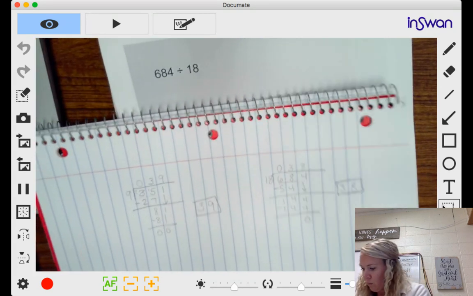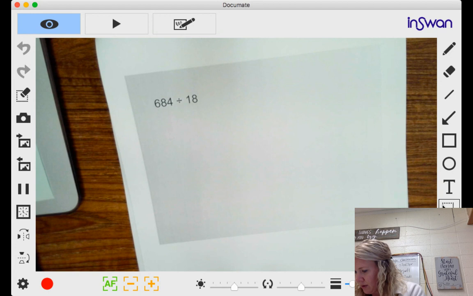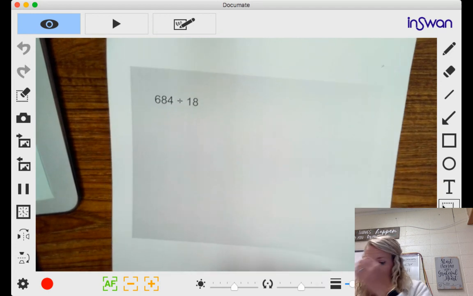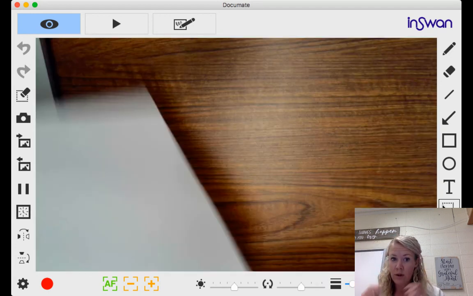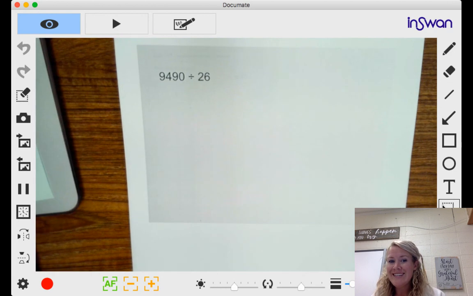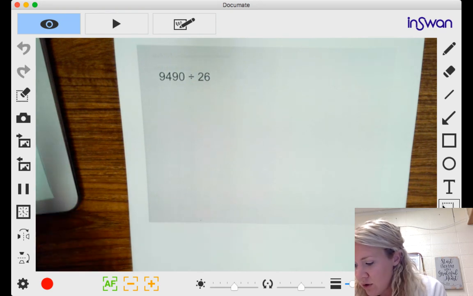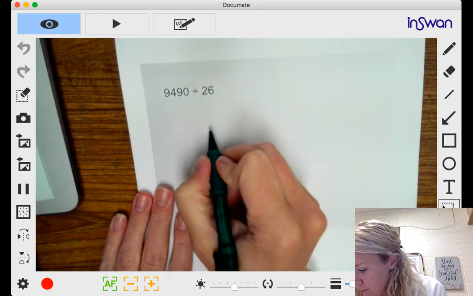All right, I want to model one more problem that's even bigger here. So 26 is not on our multiplication table, and I want you to understand how to tackle those when we don't have a multiplication table to use. So 26, you could do this in the notebook again.